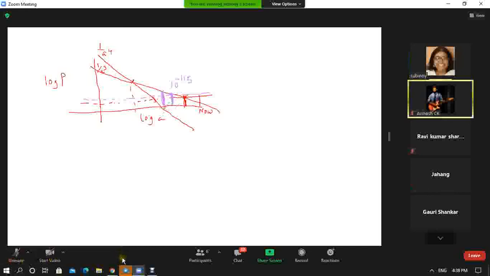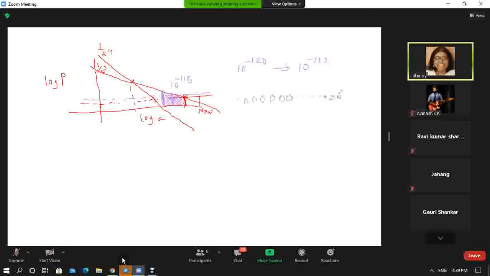I told you, sir, that the matter-dominated universe is the only time when galaxies can form. In fact, it is shown that most of the galaxies actually form in the later part of the matter-dominated universe. These are the times when you are actually seeding the galaxy formation. So if, instead of 10 to the power minus 120, I am giving you the exact number, it is like 0.00000000000000001, and you just erase 1, 2, 3 zeros.